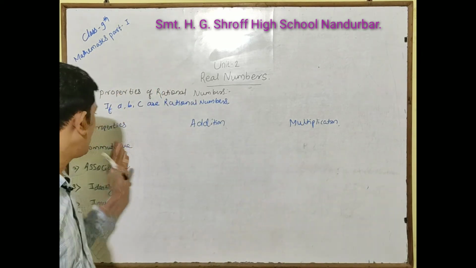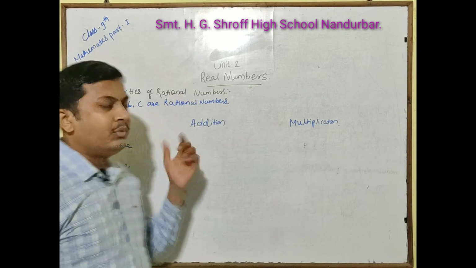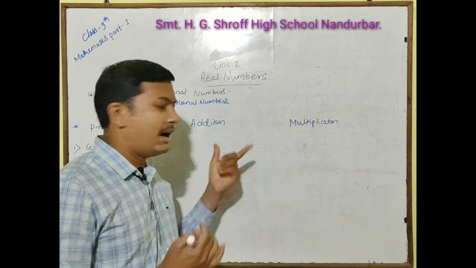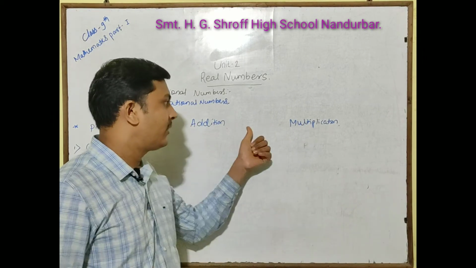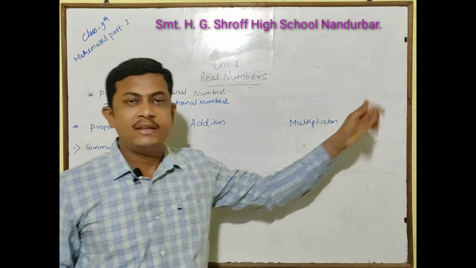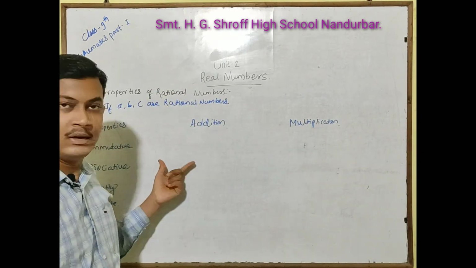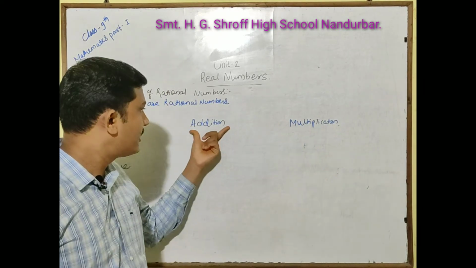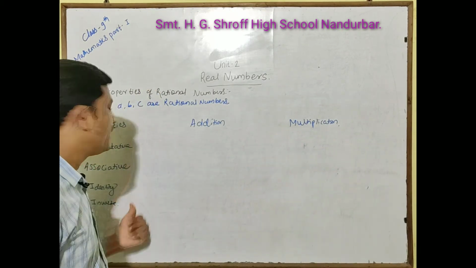These are the four properties which rational numbers satisfy. We know there are four operations in mathematics, which are addition, subtraction, division and multiplication. For subtraction and division, the rational number does not satisfy the following properties. It only satisfies for addition and multiplication. So we have taken addition and multiplication, for which the rational number satisfies the following properties.